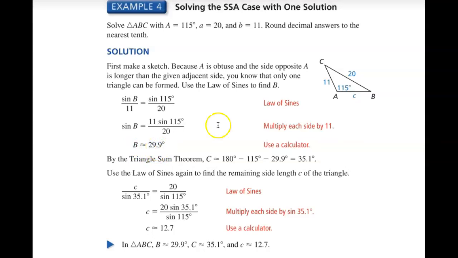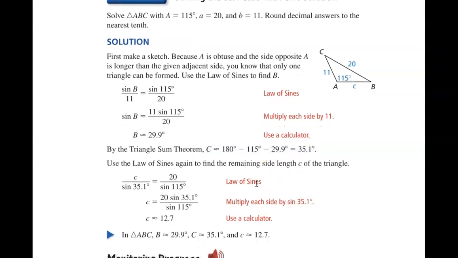To figure out what our remaining unknown angle is, we start off knowing angle A. So if we find B is 29.9, our unknown is angle C. We simply take 180 minus our known angle, 115, plus our newly found angle, 29.9, and we get our final angle, which is 35.1. Great.